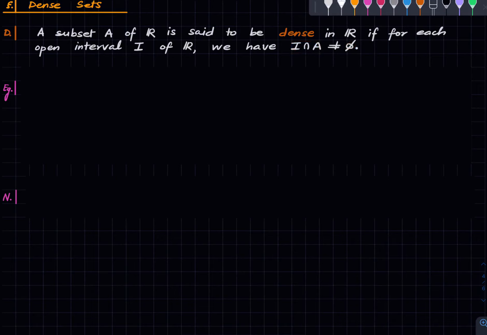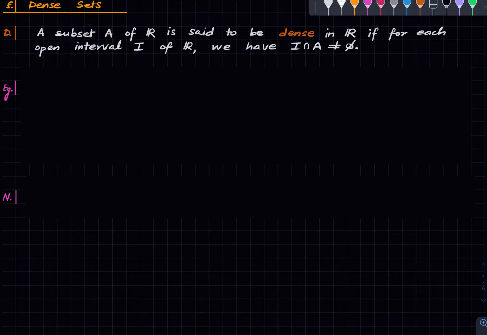So in other words, every open interval contains some point of A. Every open interval intersects A non-trivially is what this is saying. So in some sense, this is present everywhere. No part of the real numbers can escape the set A, right? That's what it is trying to capture.